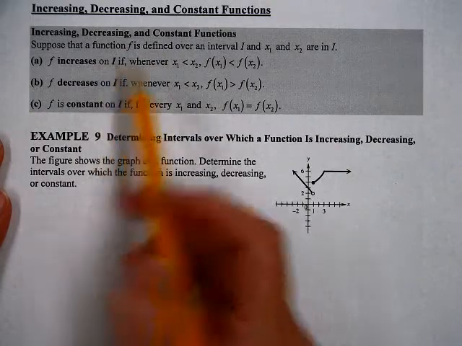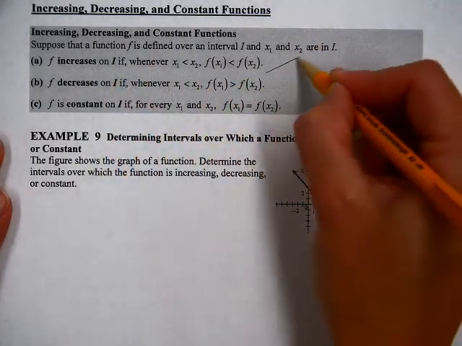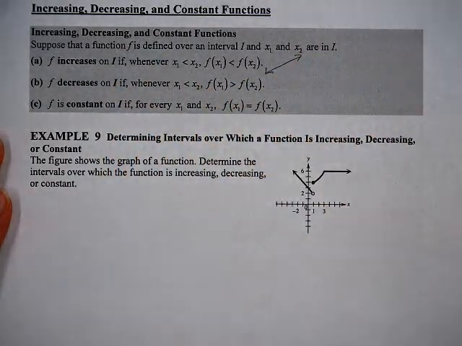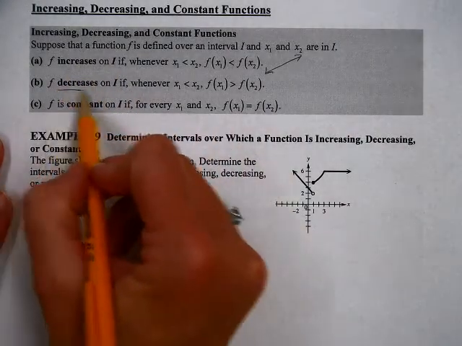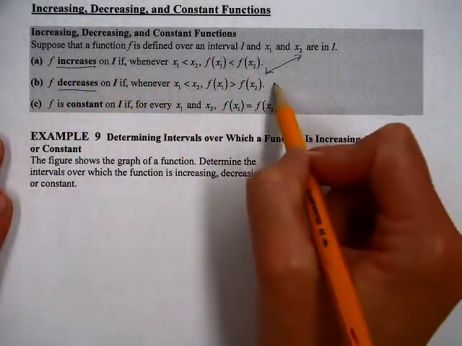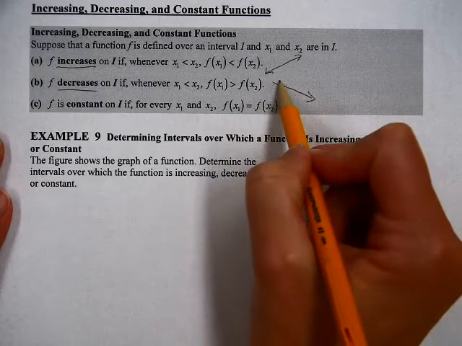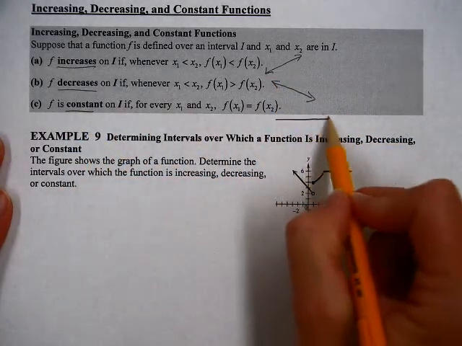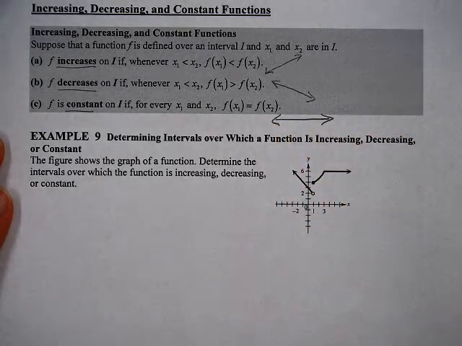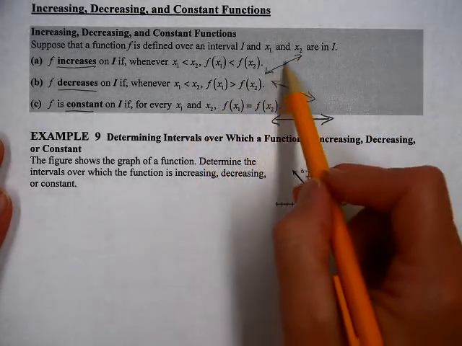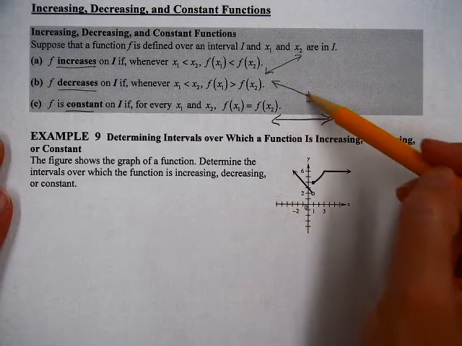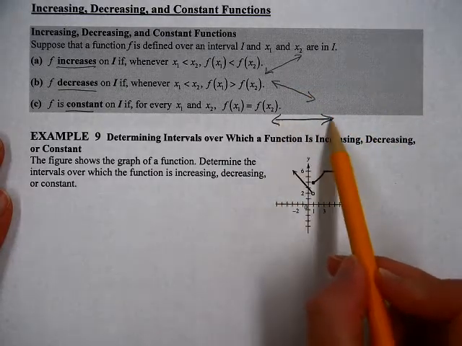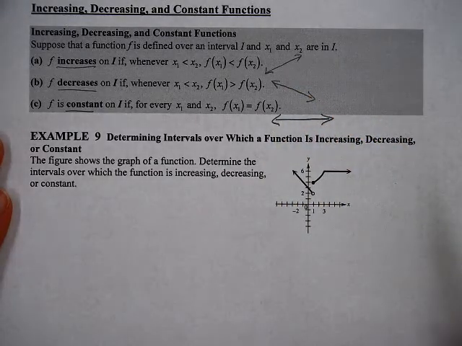F is increasing if your graph goes up from left to right. Your function is decreasing if it goes down from left to right. It is constant if it is a horizontal line. So looking left to right, if it goes up, it's increasing. If it goes down, it's decreasing. If it's horizontal, it's constant.